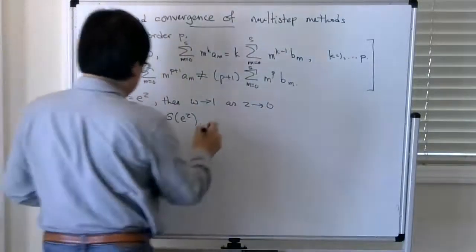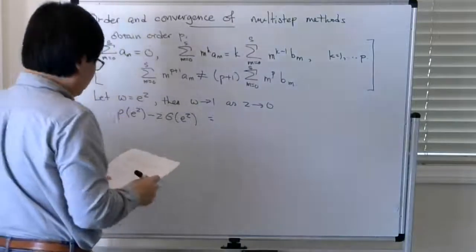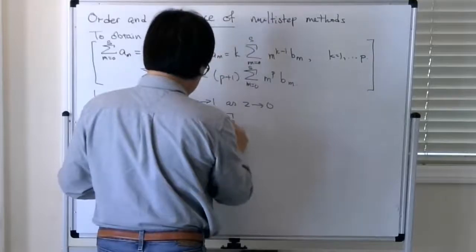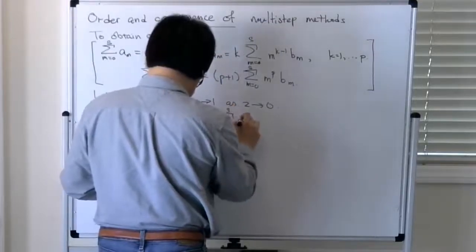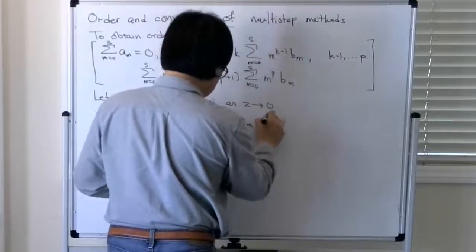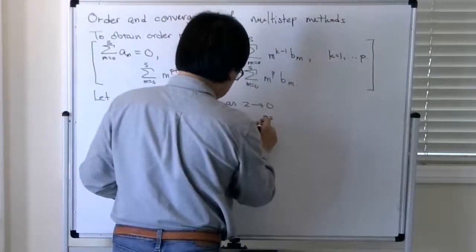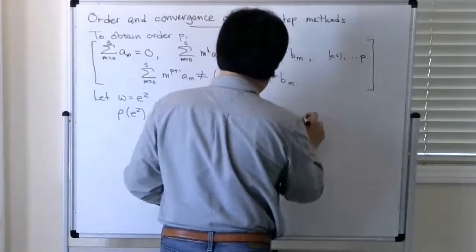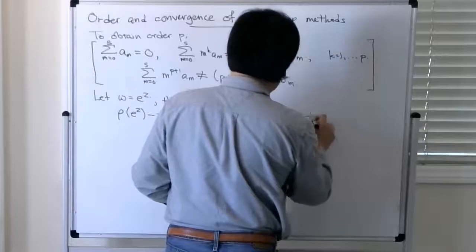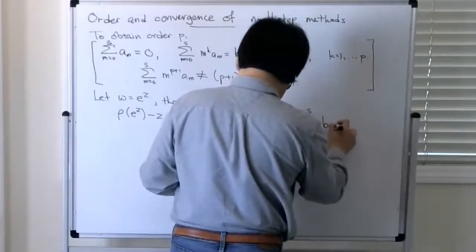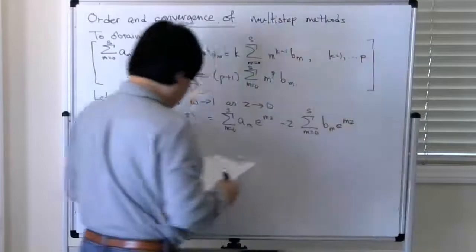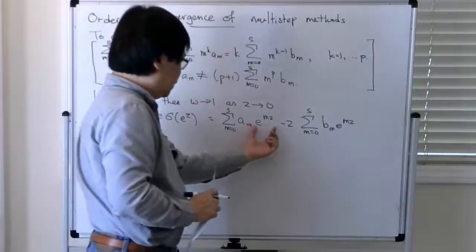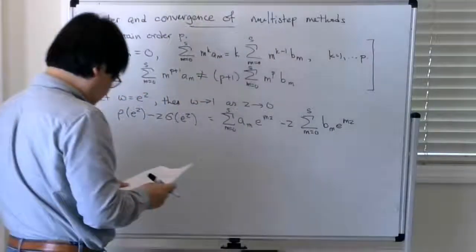All right. So rho of e to the z, by definition, is just the sum from m equals 0 to s of a_m e to the mz, minus z times the sum from m equals 0 to s of b_m e to the mz. Now as before, you can look at the Taylor expansions for these exponentials.